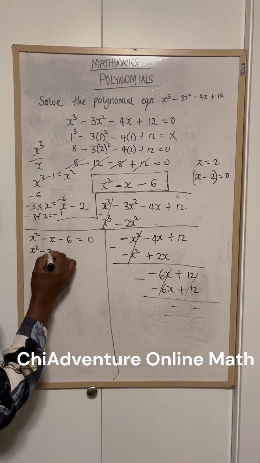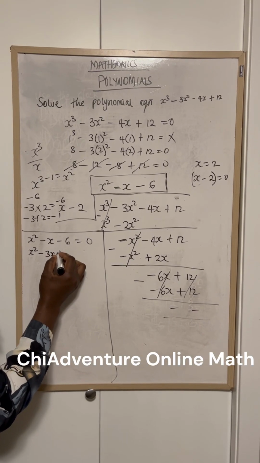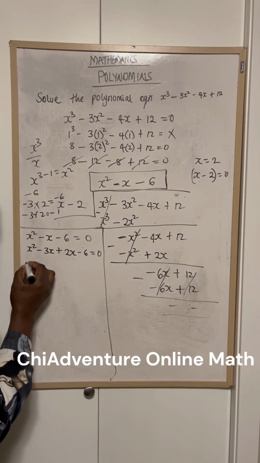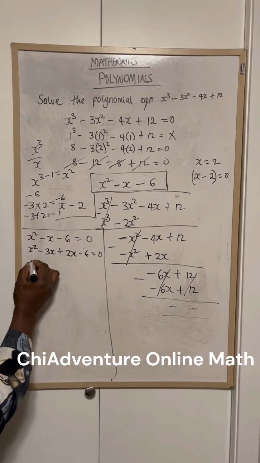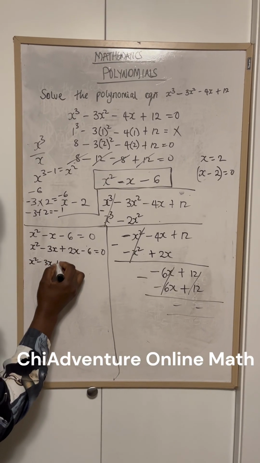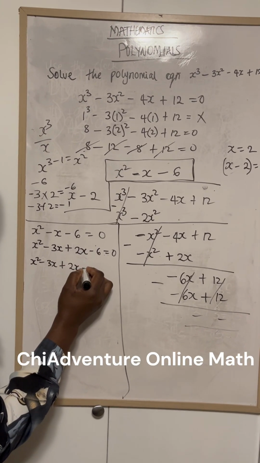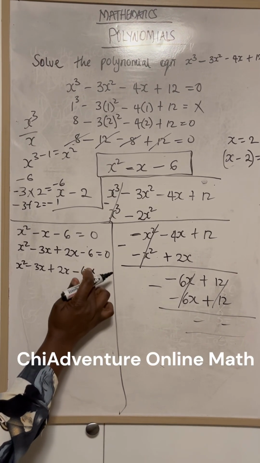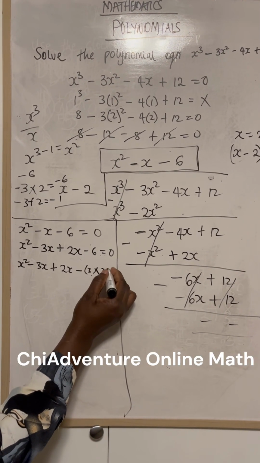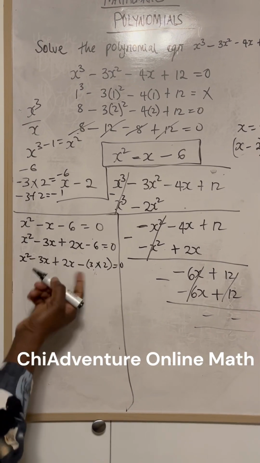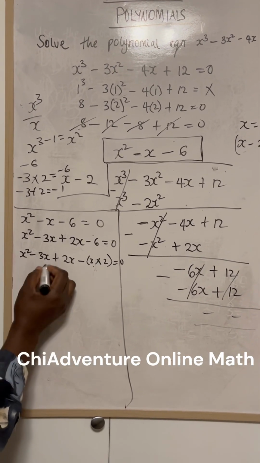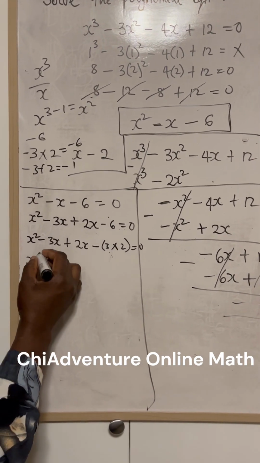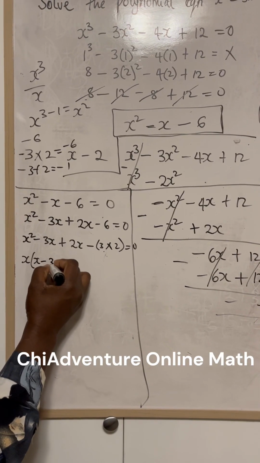So we'll just solve this way. X squared minus 3x plus 2x minus 6 is equal to 0. This is the same thing as saying what? X squared minus 3x plus 2 times x minus 3. So when we factor this, bringing out x here, then in brackets x minus 3.